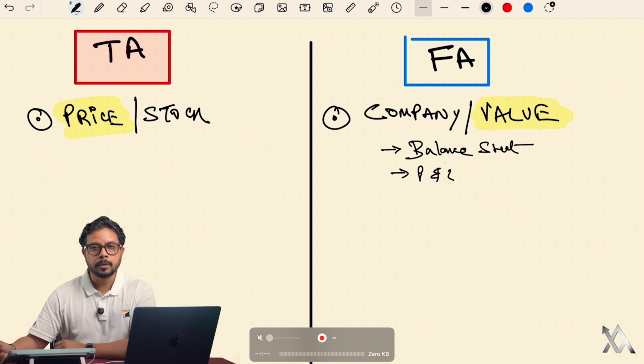You will do management meets, understand the company's valuations, probably meet the management, visit the industry, the factories also, and he or she, the fundamental analyst, will come out with a valuation report that according to his findings, the correct price of that company's stock should be such and such.